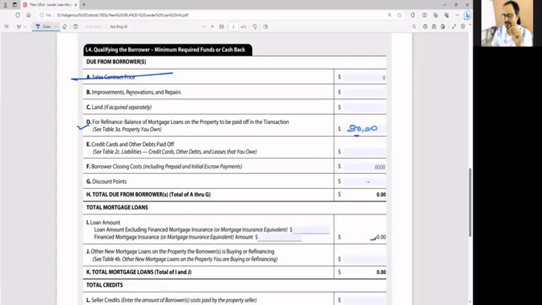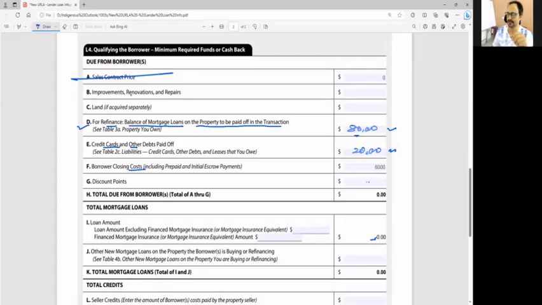In this column, they are telling the refinance balance of the mortgage loan for the subject property that needs to be paid in the transaction, right? 80,000 plus credit cards. Sometimes the borrower might be paying off this 80,000 and the borrower says there are 3 credit cards that I also want to pay. So they might say it's overall $20,000 that I need to pay, or I want to pay off everything.